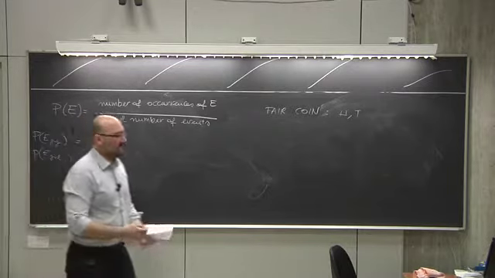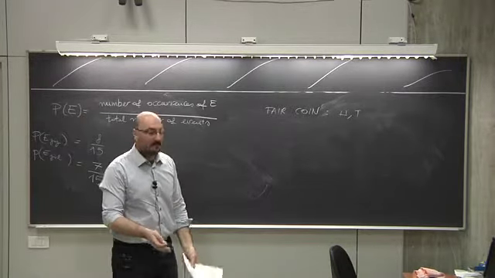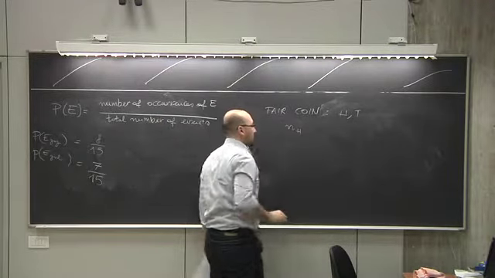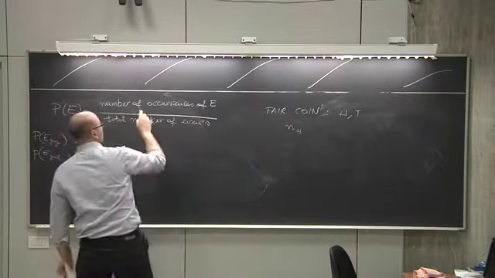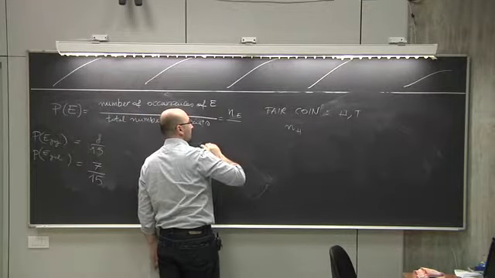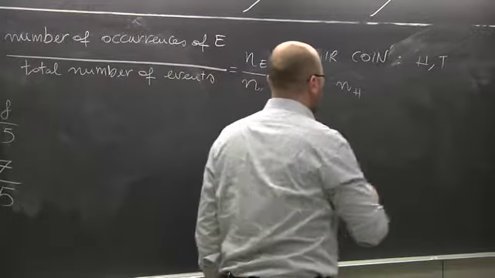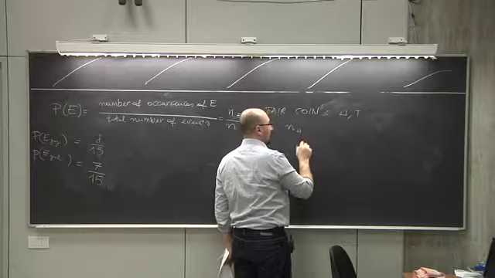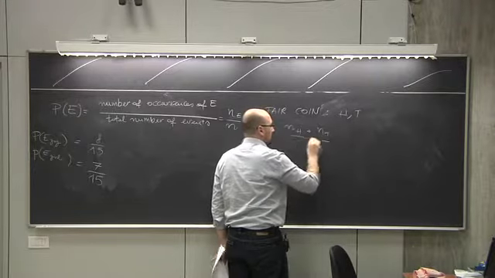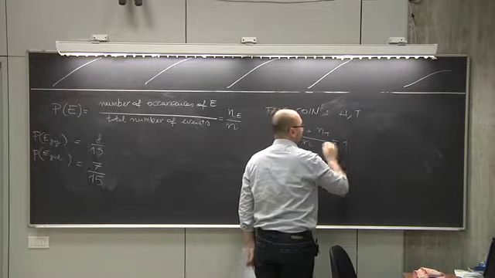So if we neglect this possibility, then the number of events in which we get the event E divided by the total number of events. So the number of events in which we get head plus the number of events in which we get tail divided by the total number of events should be 1.